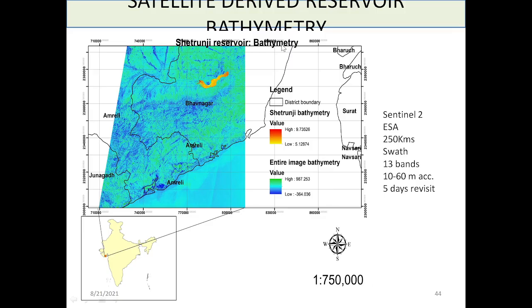So this is one particular example where Sentinel-2 of 250 square kilometers is used with 13 bands, 10 to 60 meters of accuracy, 5 days revisit period. This is at Bhavnagar. So this is the reservoir which is taken up for these trials. This is the scene. So here you can see this is the Shatrunji reservoir.